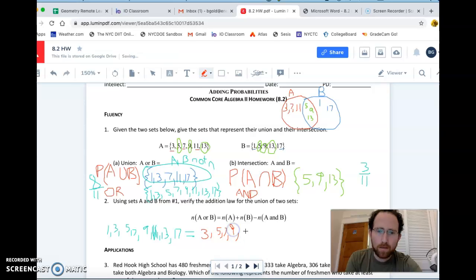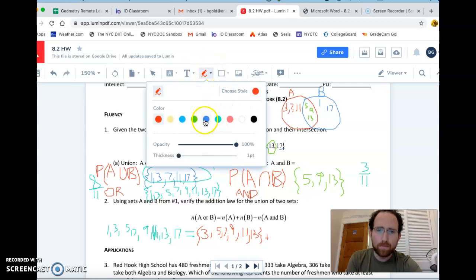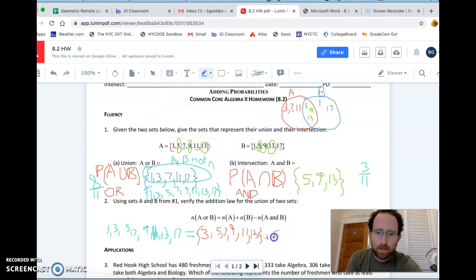And we're going to add that set to the B set, and that's going to be the blue: 1, 5, 9, 13, and 17.